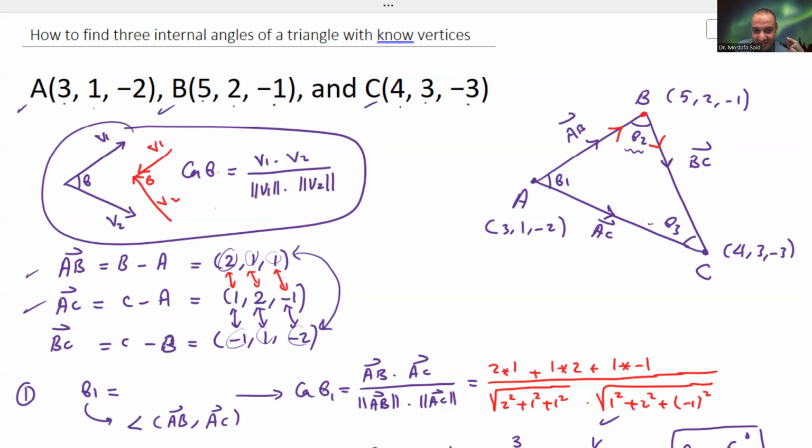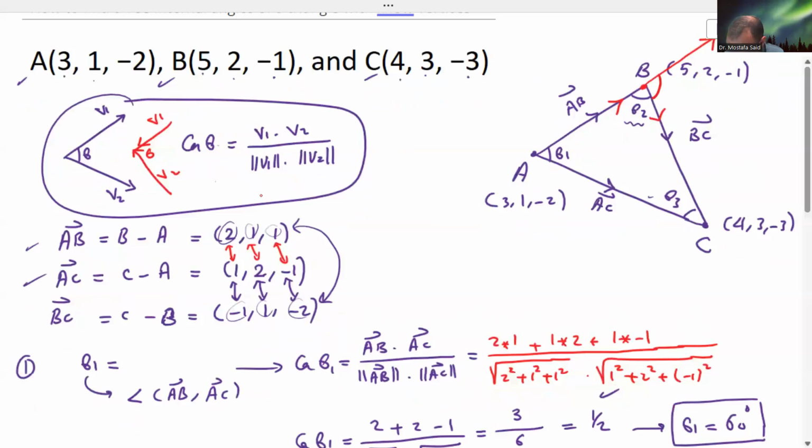But we can correct this in a very simple way. Just extend AB like that. What is actually the theta that we calculated? That's basically what we calculated here. So that's this one.